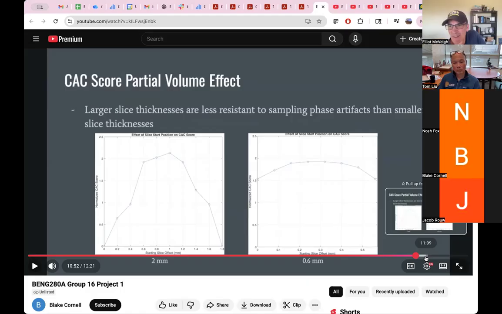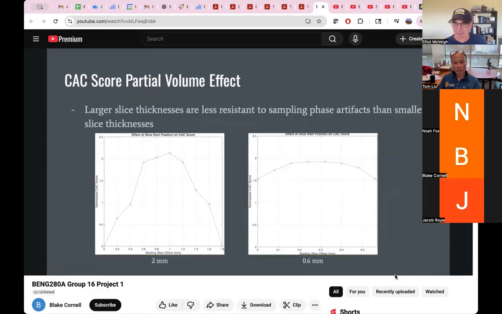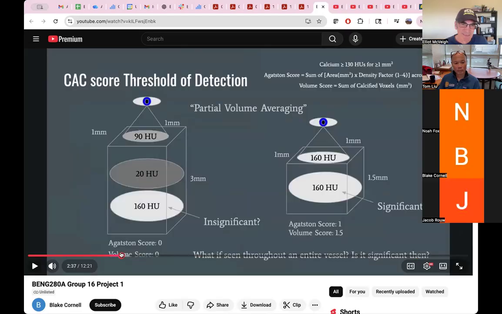Yeah. If you could go back to one of our first slides, we show the calculation of the two in comparison. Yeah, it's on the top right there.